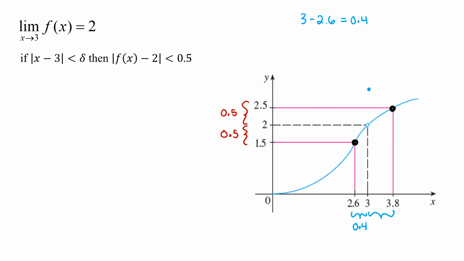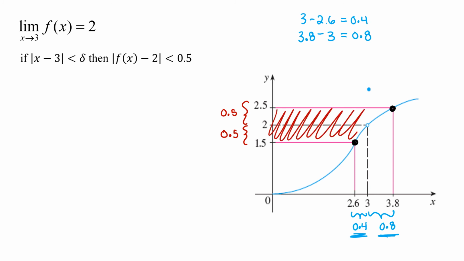And the distance between 3.8 and 3 is 0.8, which just comes from 3.8 minus 3. And unfortunately, these are different, so we're going to have to do a bit of thinking here. So our goal is to make sure that whenever we're one of these distances from 3, the output will fall within this error bound.